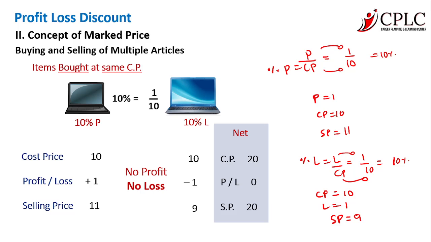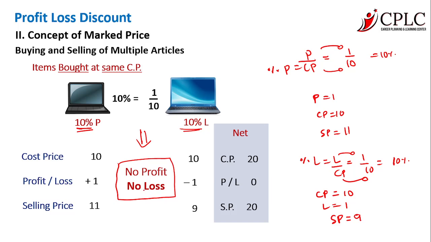So what is the idea that you need to remember? If you come across something like this, that there are two items and they both are bought at the same cost price, one at a profit of P% and one at a loss of P%, then you do not have to do any of this at all. You can simply use the conclusion that it's a case of no profit, no loss.